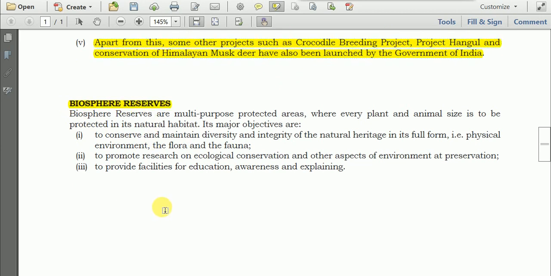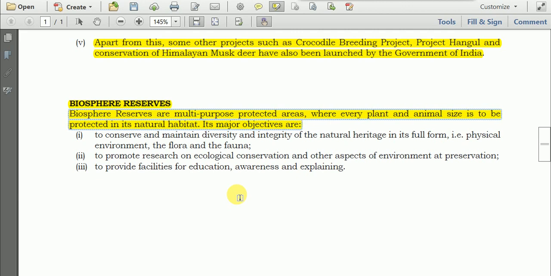Biosphere Reserves are multi-purpose protected areas where every plant and animal population is to be protected in its home, in its natural habitat.